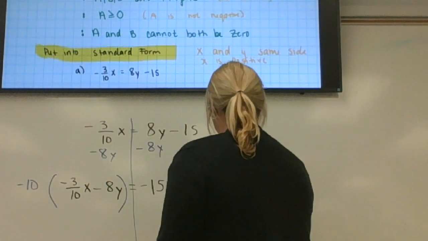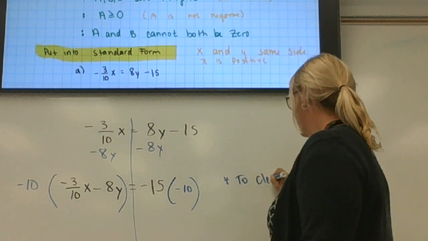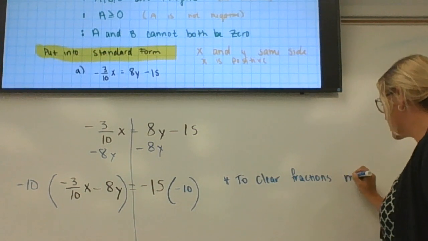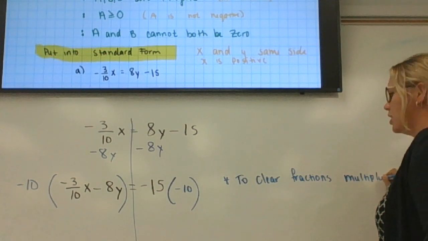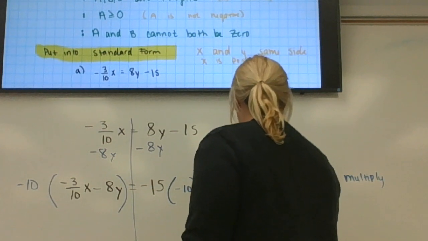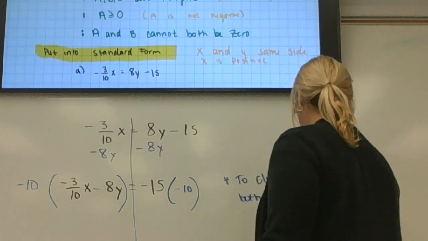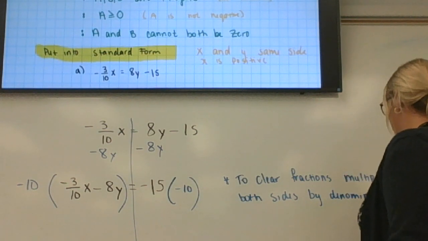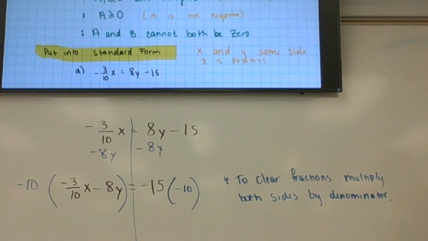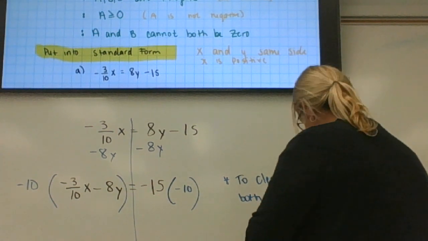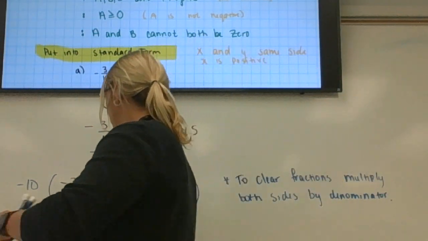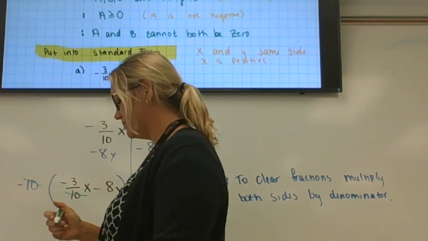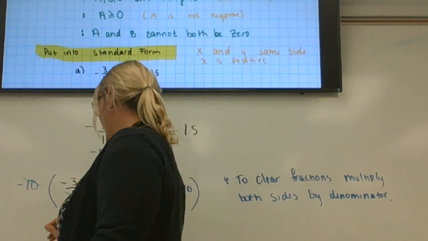So I'll put a little note here. To clear fractions, multiply both sides by the denominator. So those will cancel, making a negative 1 times negative 3, positive 3x.